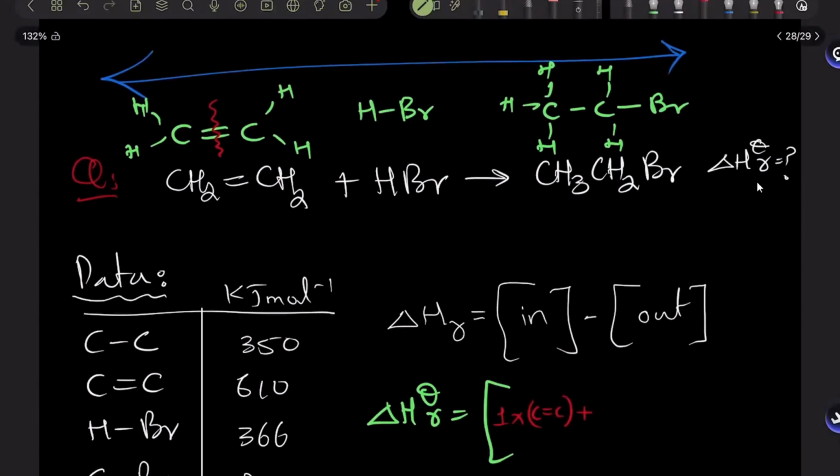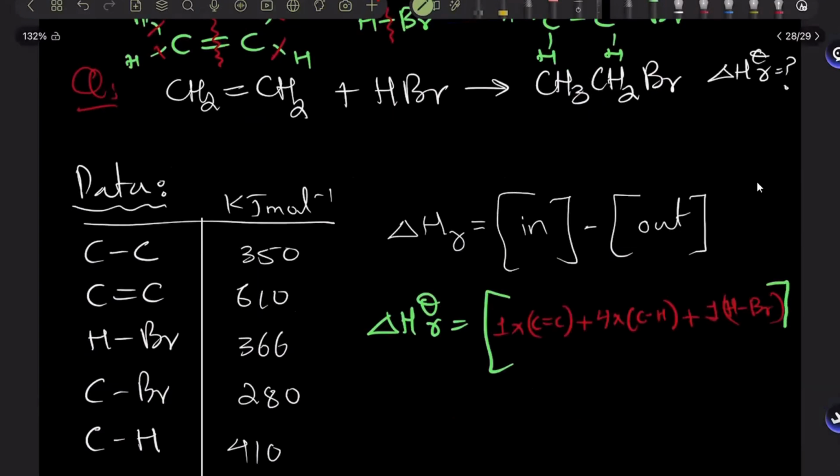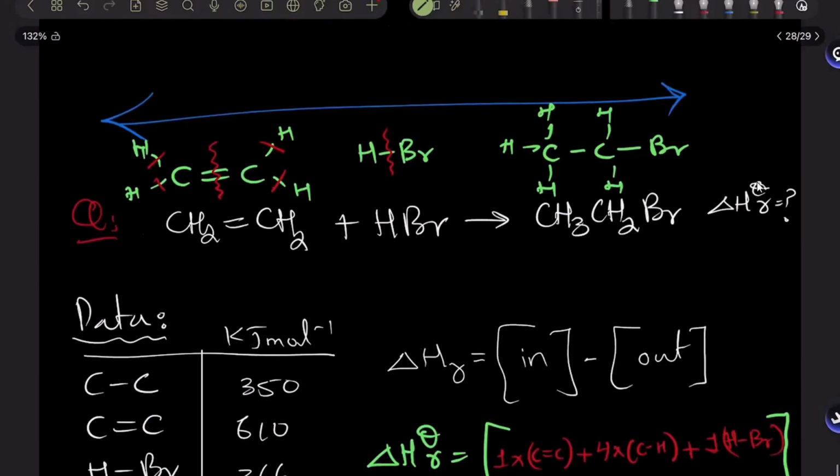I have to break carbon-hydrogen bonds, 1, 2, 3, and 4. So 4 times I have to break the carbon-hydrogen bond. And 1 time I have to break the HBr single bond also. So plus 1 times the hydrogen-bromine single bond. This is also the bond I have to break. So this is all the energy that is taken in. So all the reactants, I have broken all the bonds.